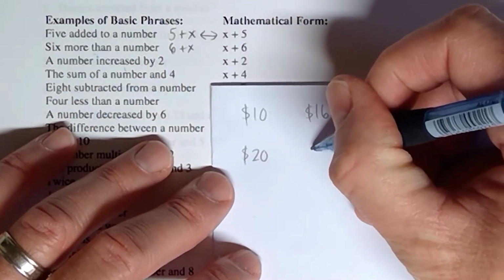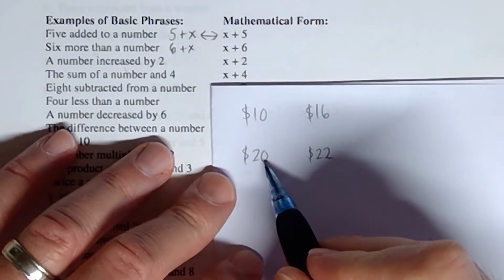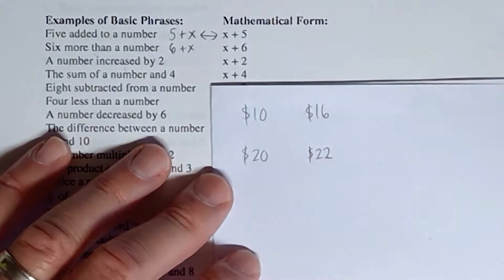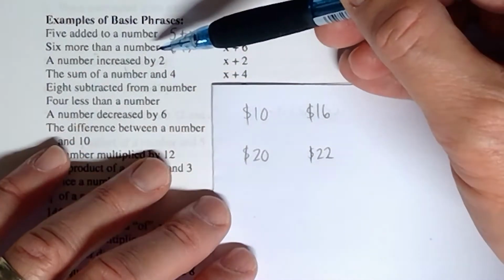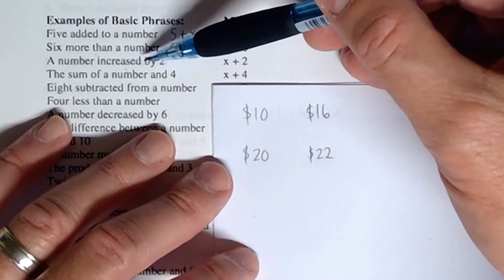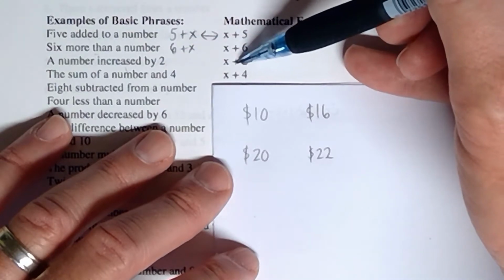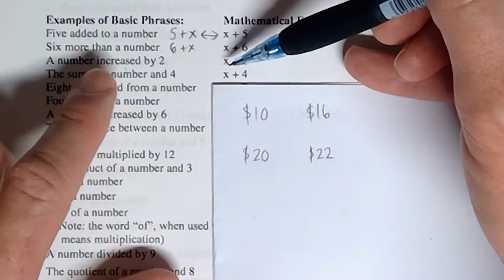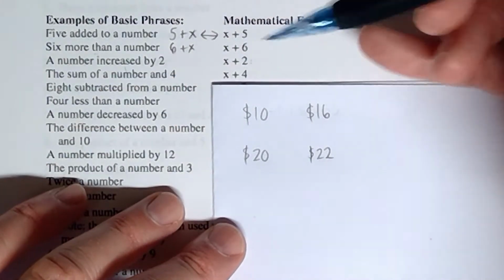But the truth is that if you get a $2 raise, your salary is going to go from $20 per hour to $22 per hour, correct? And so that, again, makes me more certain, and I hope it makes you more certain as well, that the phrase increased by means plus. And so x for number plus 2, and there you have it right there, x plus 2.